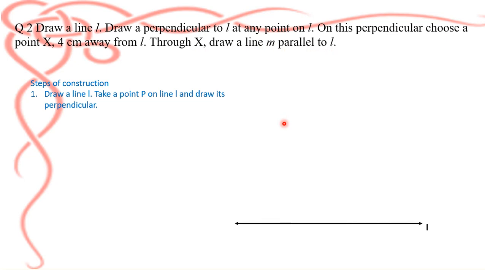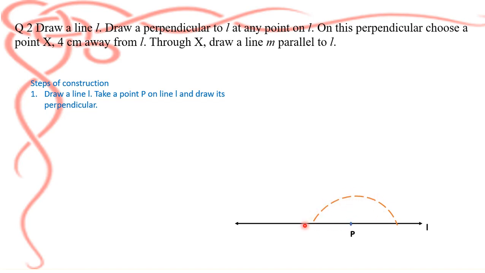So let's take a line L and take a point anywhere on this line, say P. Then for drawing a perpendicular line at this point P, we have to take the compass, open the compass for any radius and cut an arc which is a semicircle on this line L. Place the pointer at point P, open the compass for any radius and cut an arc which is a semicircle.